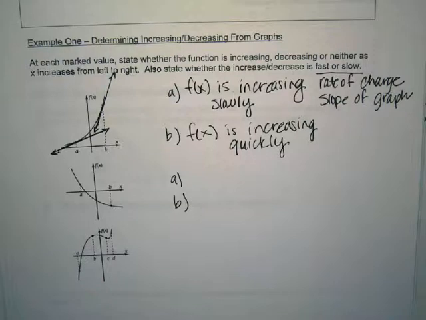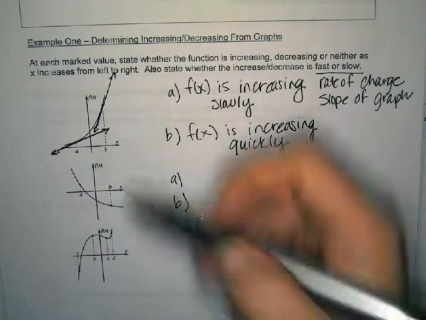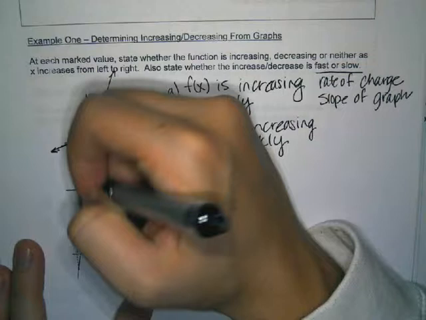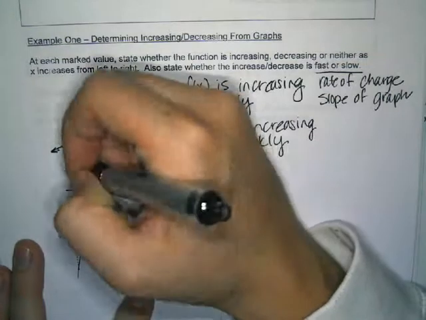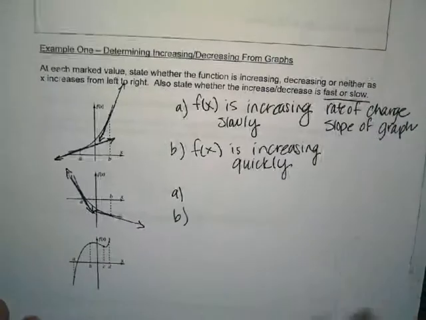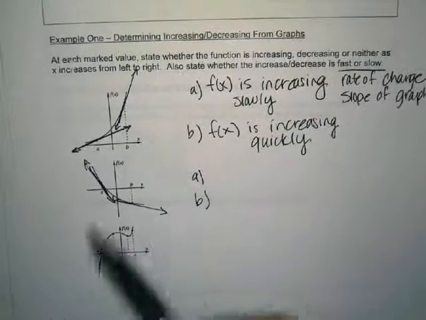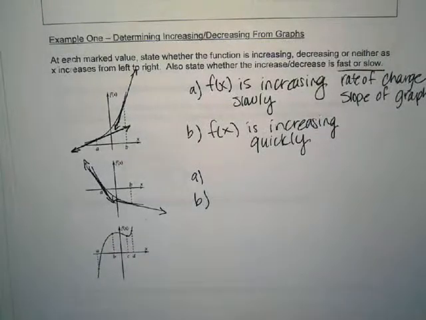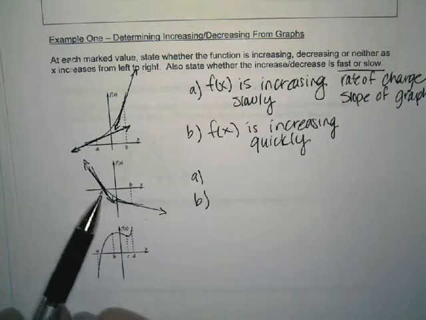Okay, so your 2 tangent lines at both those spots should look kind of like that. All right, so Brendan, describe to me what's happening at A. It's decreasing. Look at the steepness of your line. Is your line fairly steep? Pretty quickly. Okay, so your f of x is decreasing quickly.